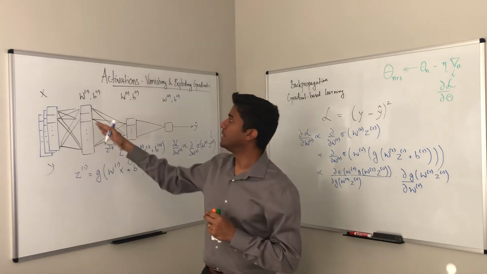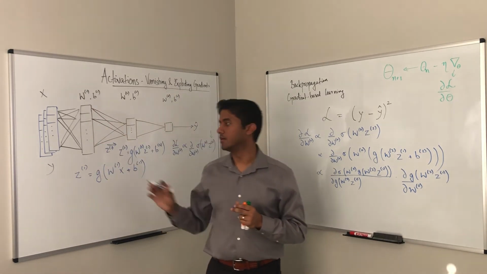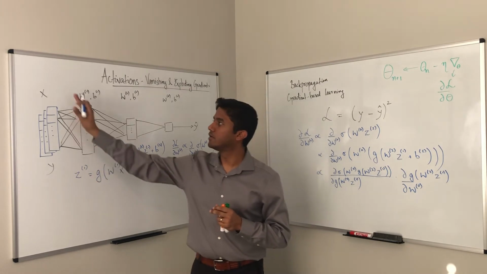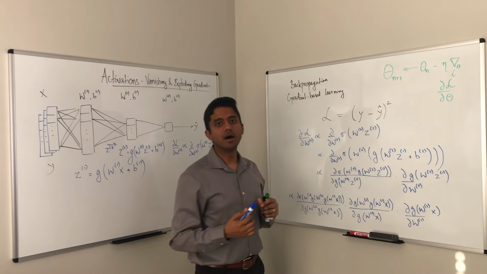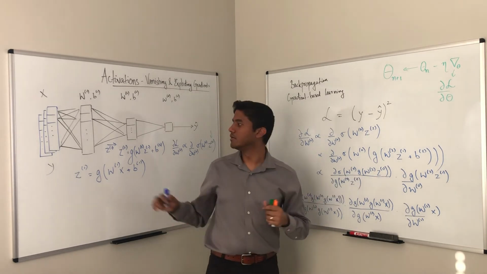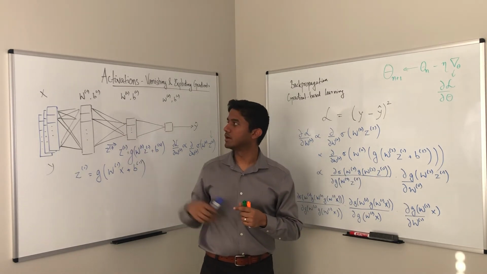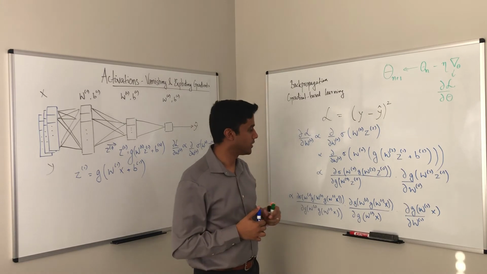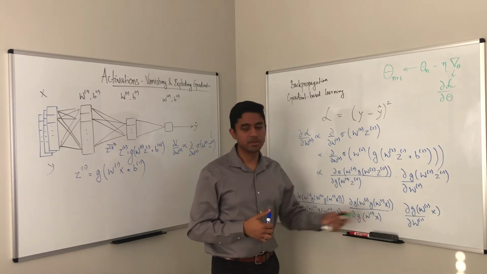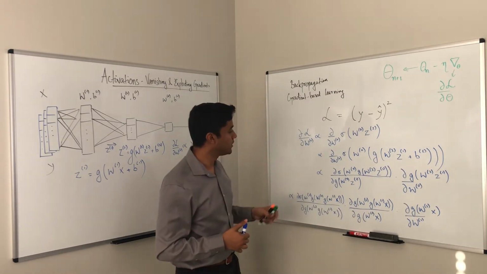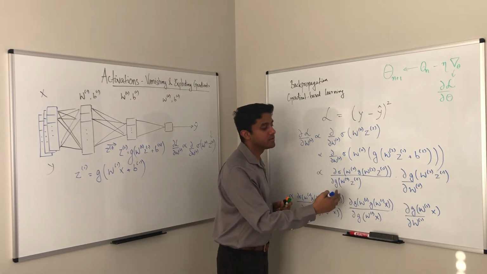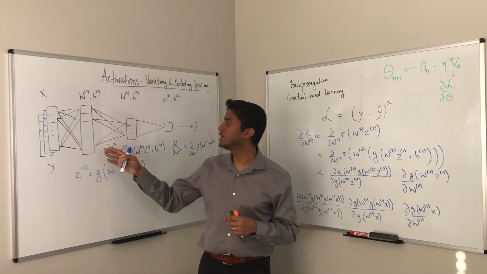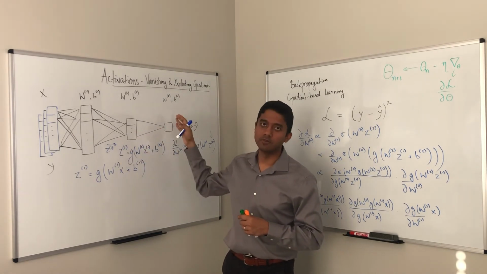Z1 being the output of my first hidden layer is actually a function of the observations we have, the input samples X. Upon substituting the Z1 here with this expression, which contains my actual observations X, I get this final expression for the gradient of loss, which has 3 terms, and you can see that these 3 terms are because we have 3 hidden layers here, including the output layer.